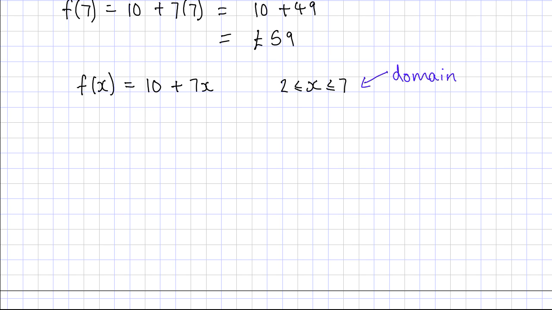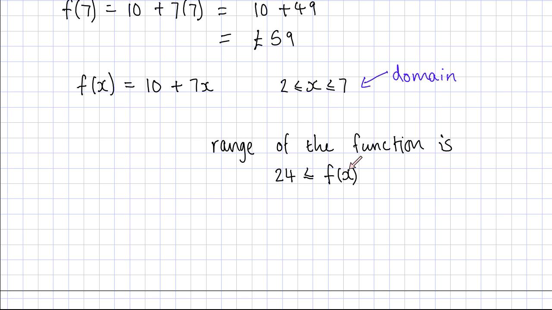Now the way we can write that is as an inequality. So we can say that the range of the function is, so I know the smallest value was £24, and that's less than or equal to my f of x, because this is what gives me my value, and that is less than or equal to £59.